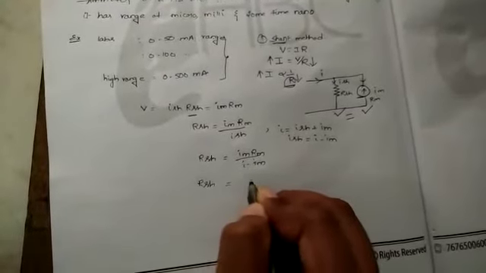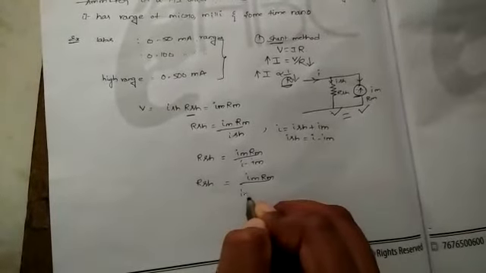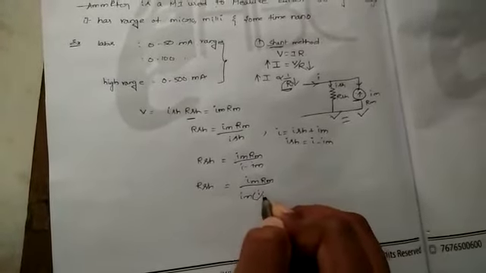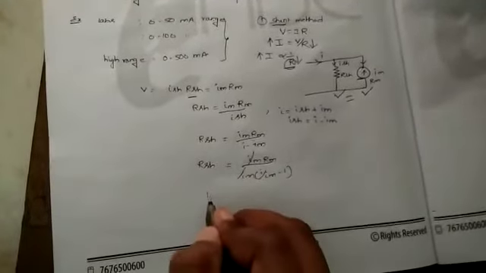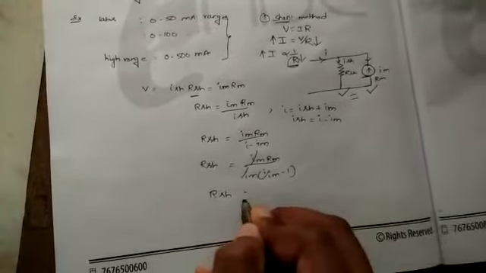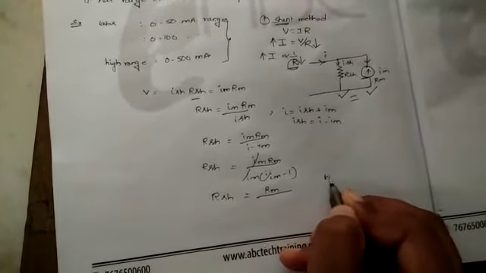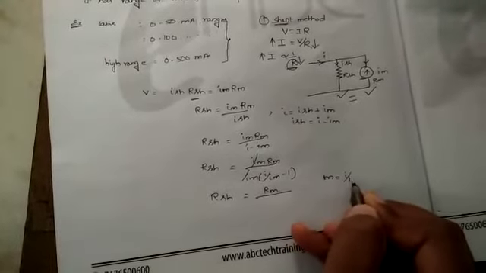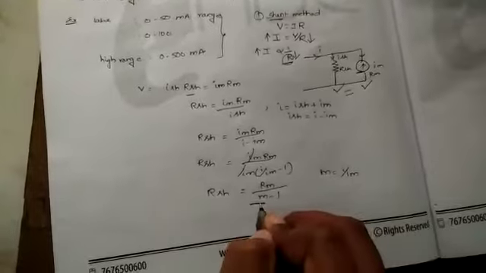Taking IM common, RSH equals RM divided by (I by IM minus 1). Here IM gets cancelled. The shunt resistance RSH equals RM divided by m minus 1, where the constant m equals I divided by IM. This is the shunt resistance.